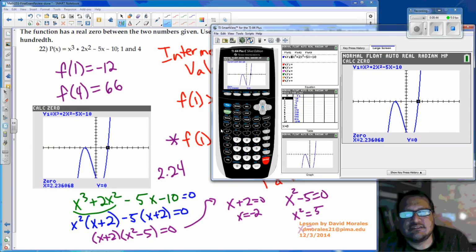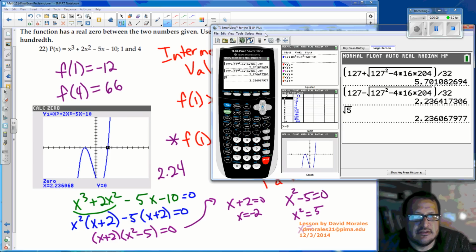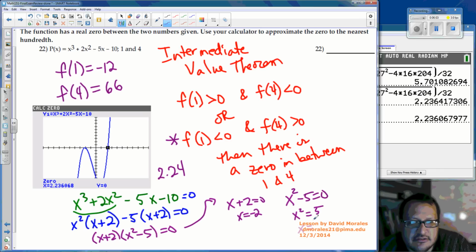What do you think it's going to be? I bet it's going to be this right here. Square root of 5 is 2.236. Yep. So this answer is also the square root of 5. Move on.